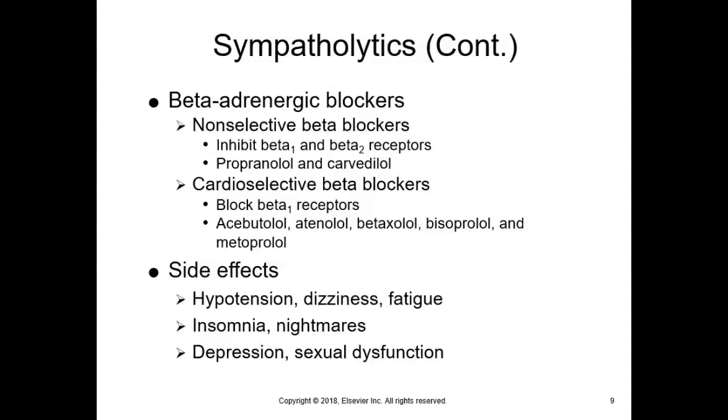This is important for our patients who have respiratory issues, and we don't want bronchoconstriction for those patients. That can also alleviate side effects that are not necessary for the patient if they're only taking it for a cardiac related reason.